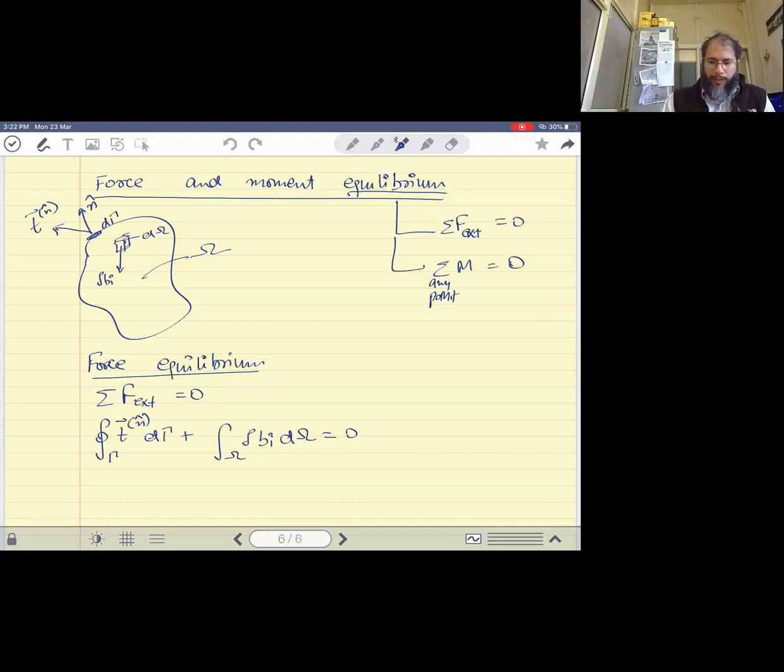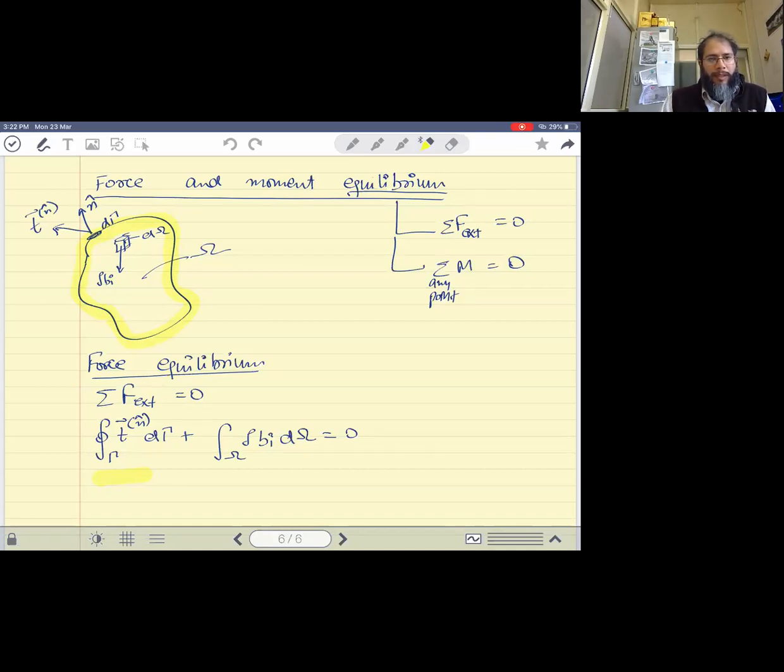So if I look at the first term here, the integral is a closed integral, so that is on the surface of the body. The integral happens on the enclosing surface of the body. In this case, I can write the integral over gamma as the integral over the small elements d gamma, and the traction vector denotes the force acting on the surface.